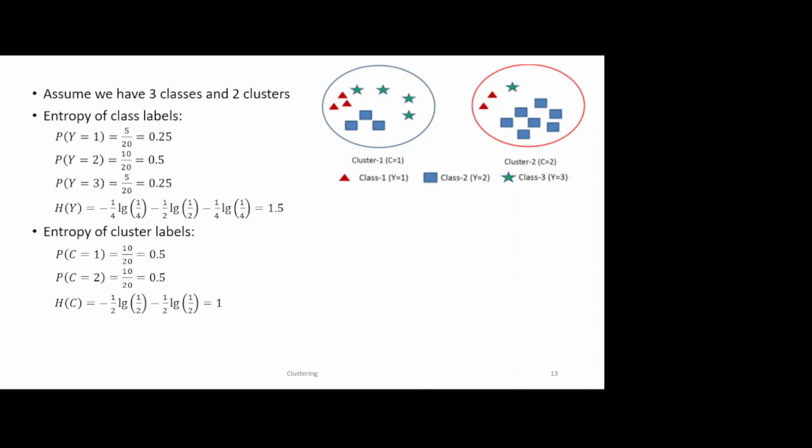P1 to Pn are probabilities. They should sum to 1. We call it a probability distribution among the different classes here. And that can be calculated like this: negative P1 times log P1, minus this.